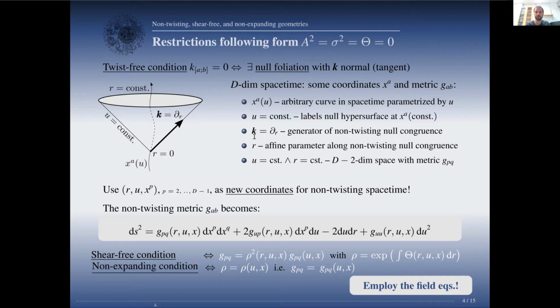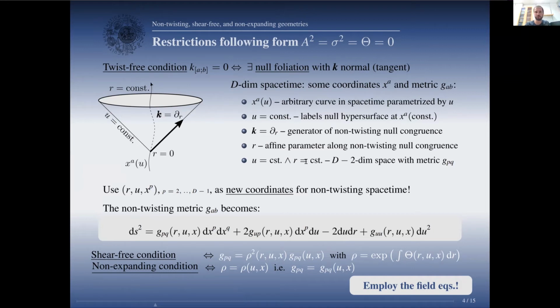It will be exactly this non-twisting vector field k. And as another coordinate, you can take an affine parameter along this null vector field. It will be coordinate r. So now we have two coordinates, u and r. And fixing u and r equal to constant, it means that you are somewhere on the specific null hypersurface.